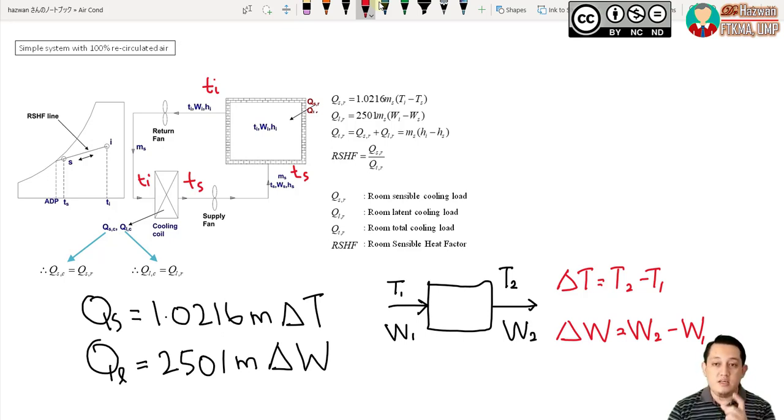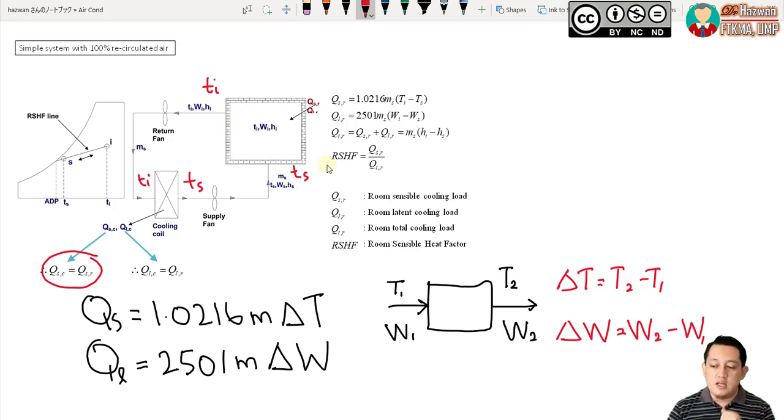So the sensible heat of the cooling coil is equal to the sensible heat of the room. You got the picture here.